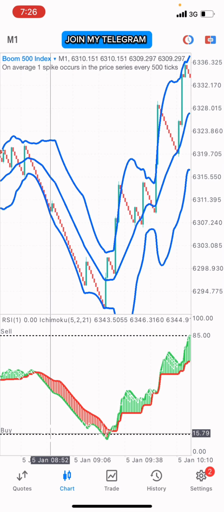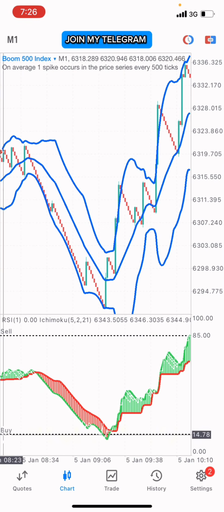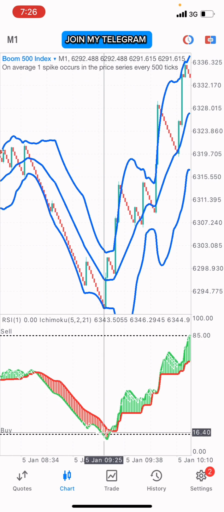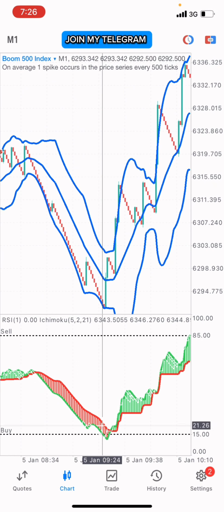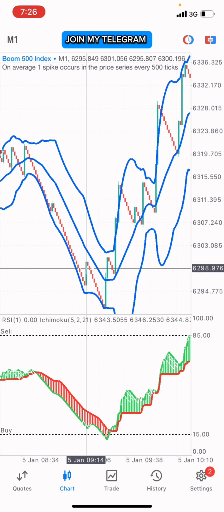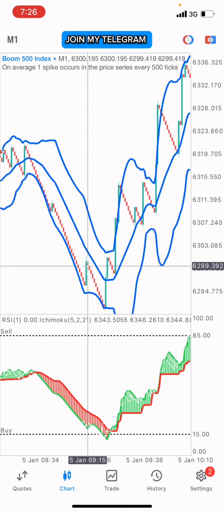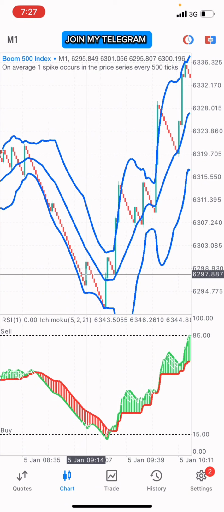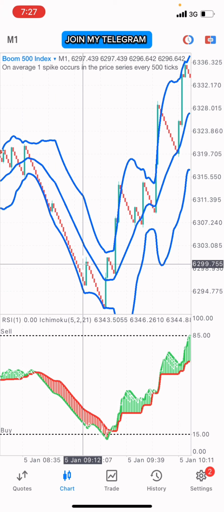Okay, so basically what we're going to observe is that it's going to remind you for a buy when price crosses below, so you know that you are going to buy the market. So you place your buy and you catch the spike. Now you might be wondering, there was a spike right here at this very moment, right? But if you take a look at this point, the spike that came through is almost about 5 candlesticks.